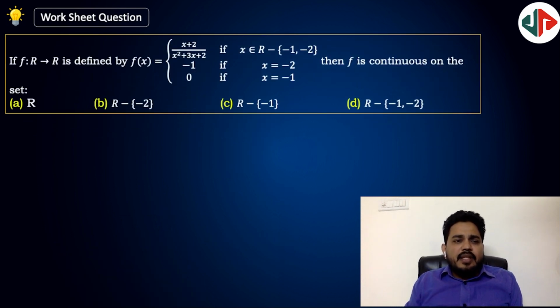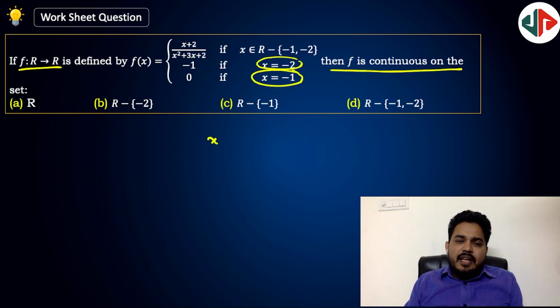Next question is, function f is defined from R, f is continuous on the set. So you need to look at the minus 2, minus 1. So this value is x plus 2 by, I can write it as x plus 1 into x plus 2. This is f of x.